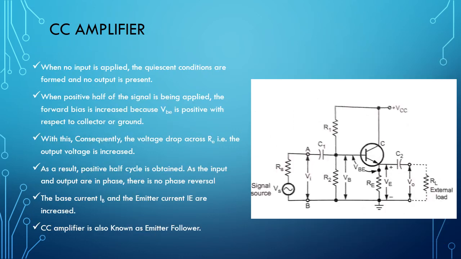Common collector amplifier. This figure shows a common collector amplifier. The DC biasing is provided by the R1, R2 and RE resistors.